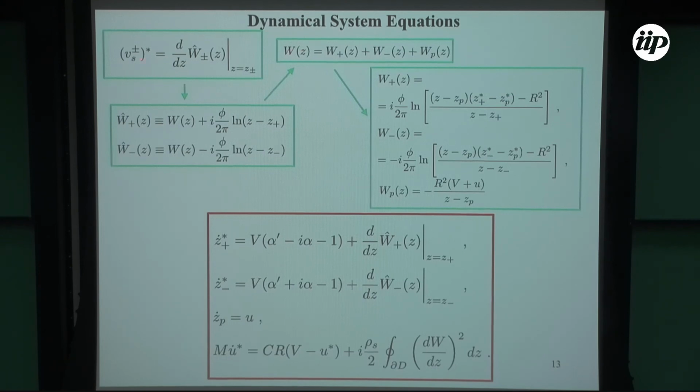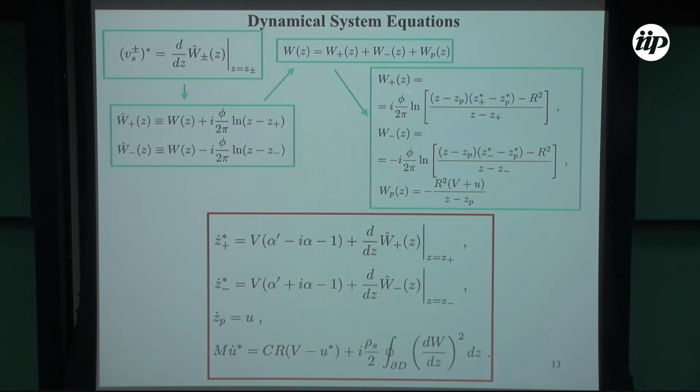But of course, you have to remove singularities when you want to compute the velocity at the vortex positions. So the superfluid velocity at the vortex positions is given as a derivative of W hat, plus or minus, depending on whether you are considering the positive or the negative vortex. Here the hat means that you have just removed the singularity associated to the vortices.